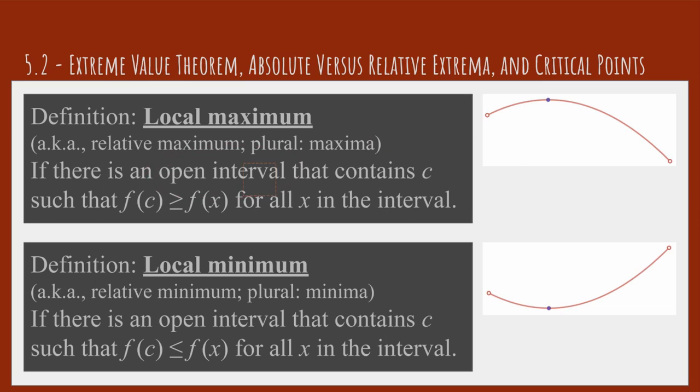But if there is an open interval for the function that contains a point where this same inequality that we looked at for the absolute extrema is still true, then the point is going to be called a local maximum. So even if, as you may have noticed when I continued this function, I went up like this, even if the function gets bigger somewhere else, within this neighborhood right here, it is the highest point.